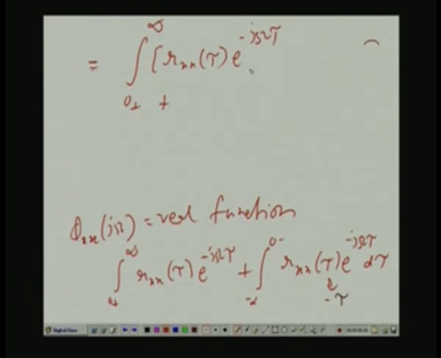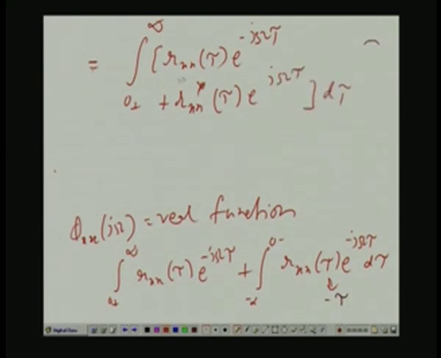We had this relation, r x x tau is r x x minus tau star. That means r x x minus tau is r x x tau star. Remember that. So I can write r x x star tau and e to the power j omega tau d tau.